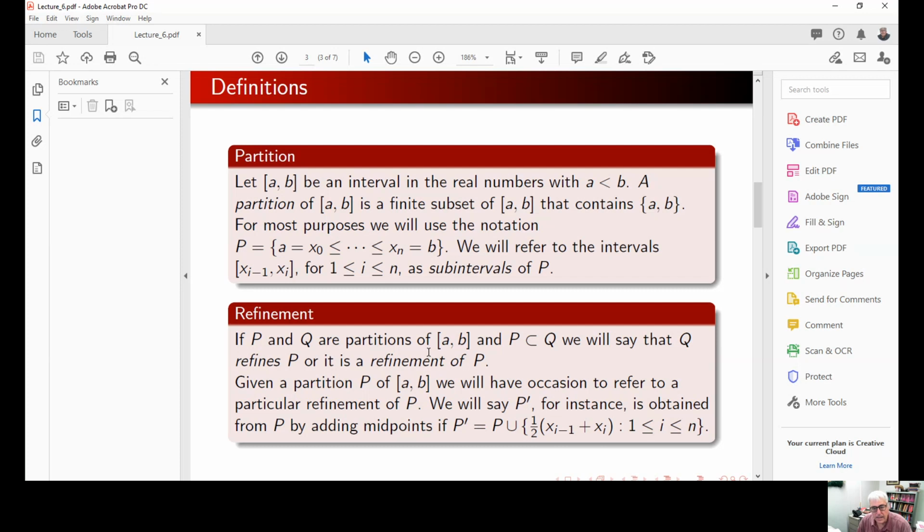Okay, and there'll be a particular type of refinement that we'll use. So given a partition P of [a,b], P prime is obtained from P by adding midpoints if P prime is P plus all of the little midpoints of each of these subintervals.